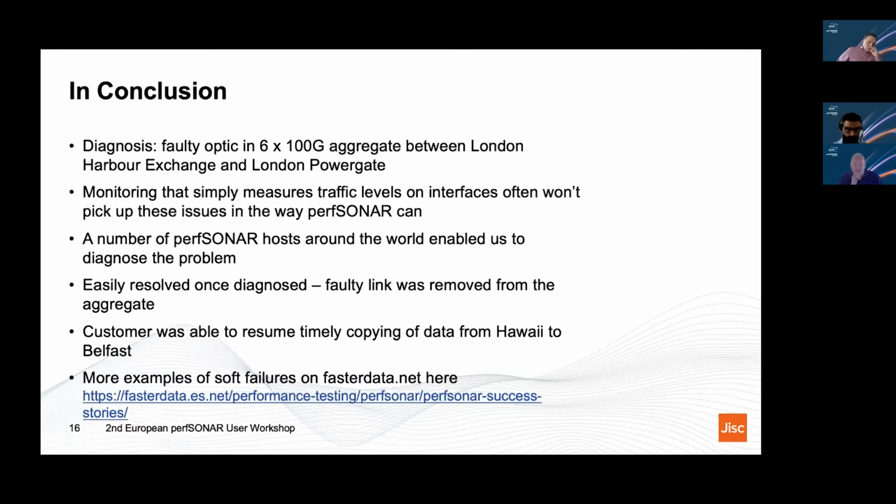So a good distribution of nodes and intermediate nodes can help narrow the problem down. It was relatively easily resolved once diagnosed, and the customer was happy and able to resume the copying of data from Hawaii to Belfast. There are more examples of soft failures on the faster.net website here.